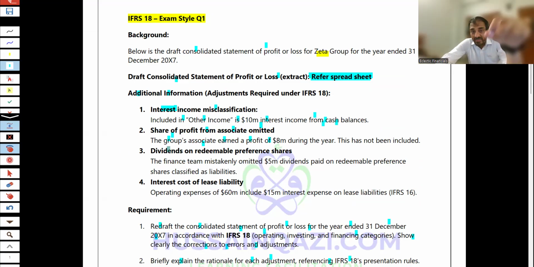Dividend on redeemable preference shares. That should be part of the finance cost. The finance team mistakenly omitted the $5 million dividend paid on redeemable preference shares, classified as a liability.